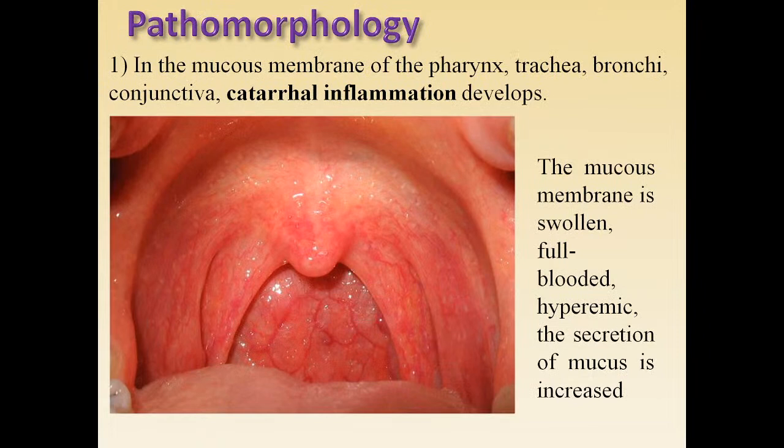Pathomorphological changes include catarrhal inflammation on the mucous membranes of the pharynx, trachea, bronchi, and conjunctiva.